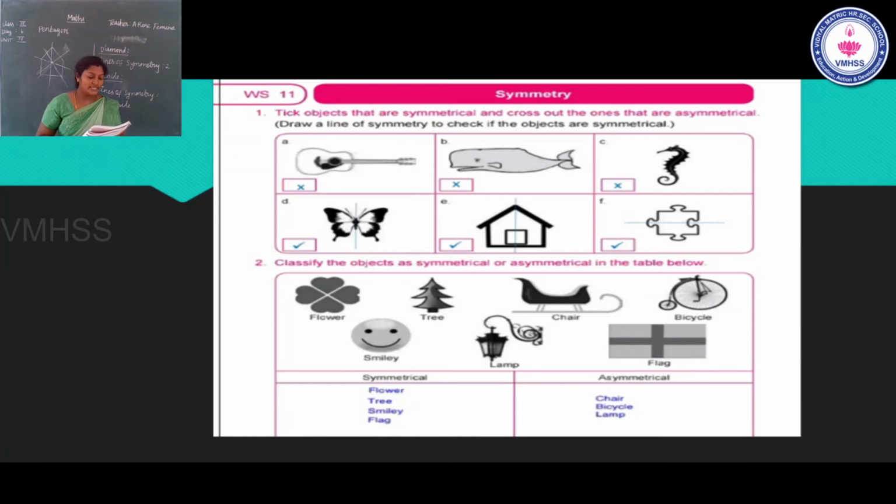Circle the objects that are symmetrical and cross out the ones that are asymmetrical. Draw a line of symmetry to check whether the object is symmetrical. So first one is wrong.